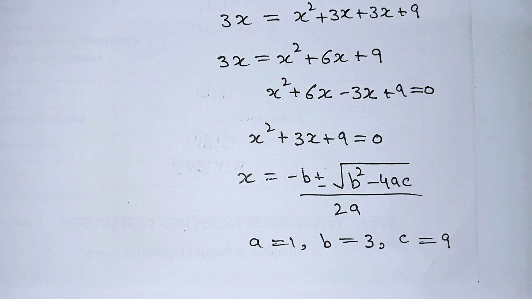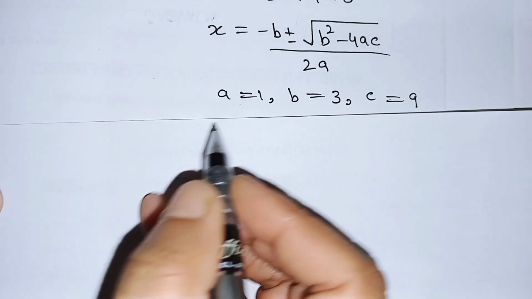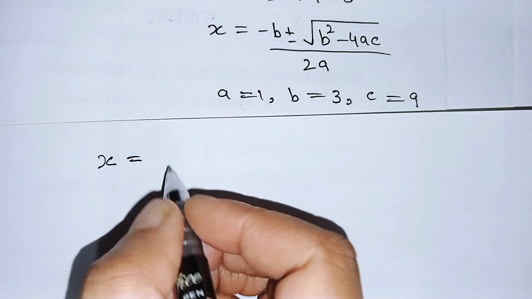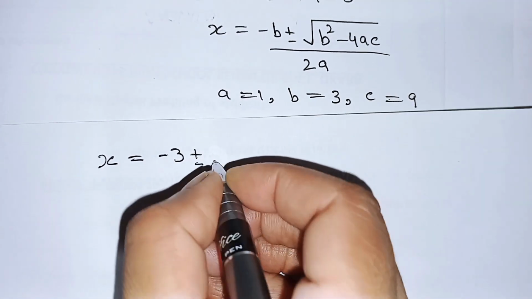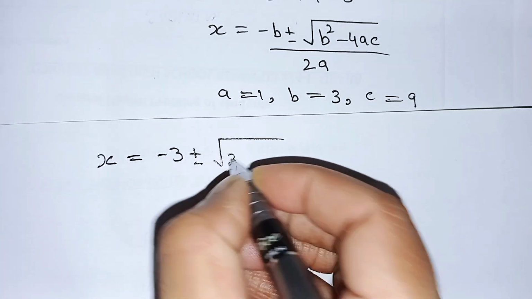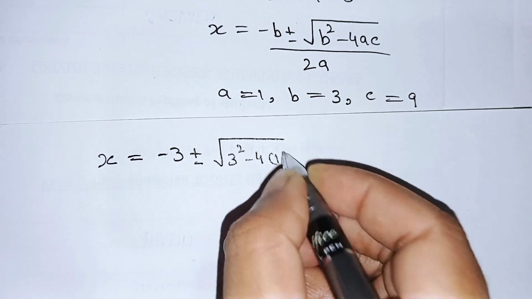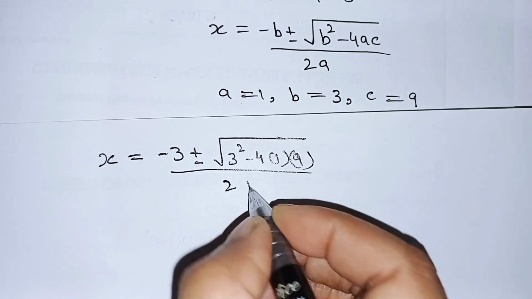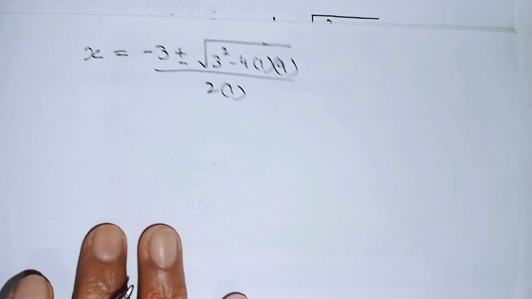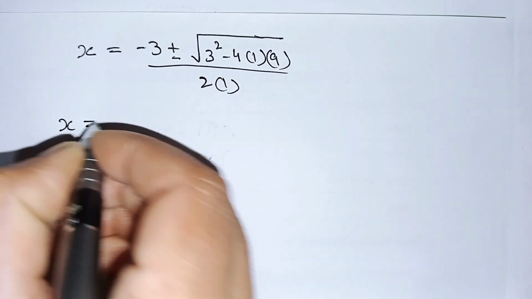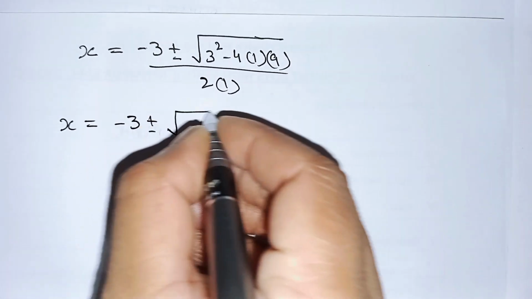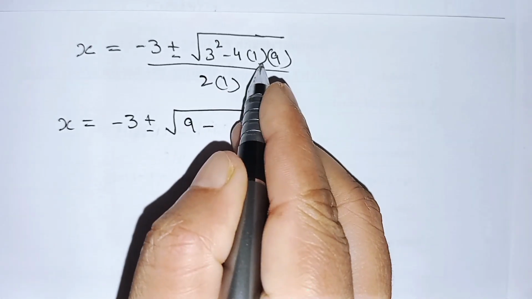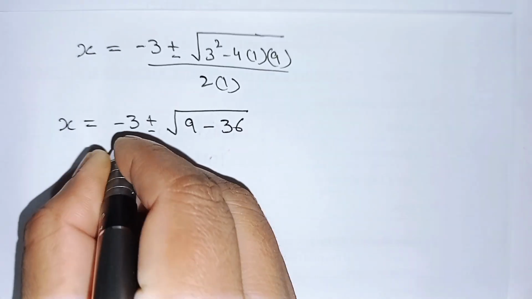So x is equal to minus 3 plus minus square root of 3 square minus 4 times 1 times 9, over 2 times 1. And 3 square is 9, and 4 times 1 times 9 is 36.